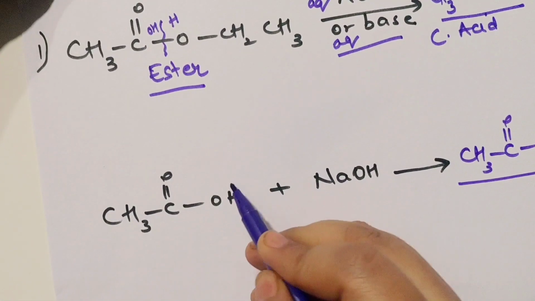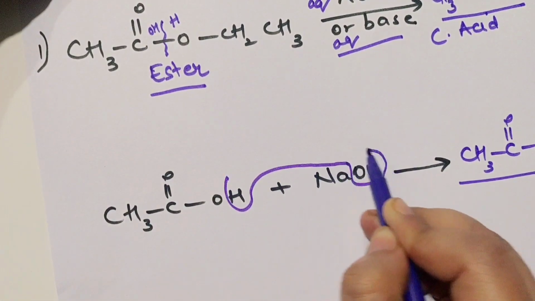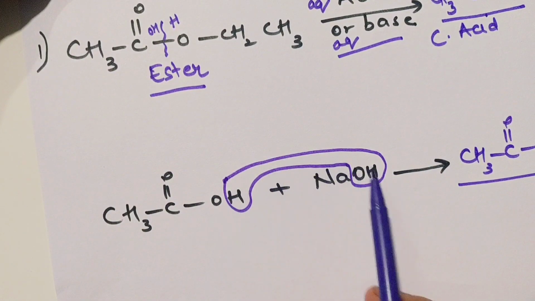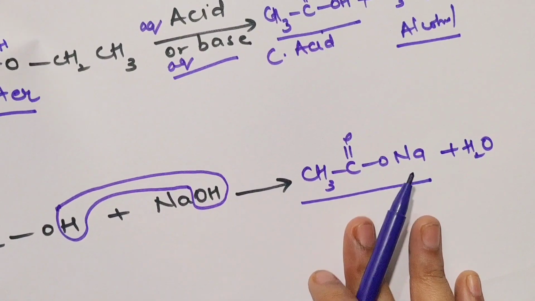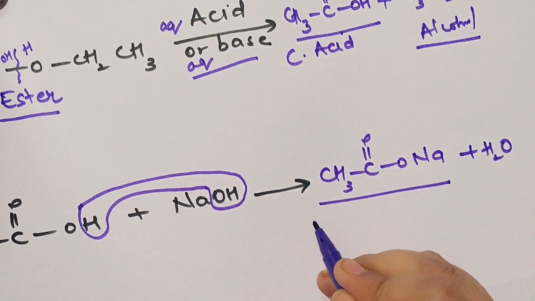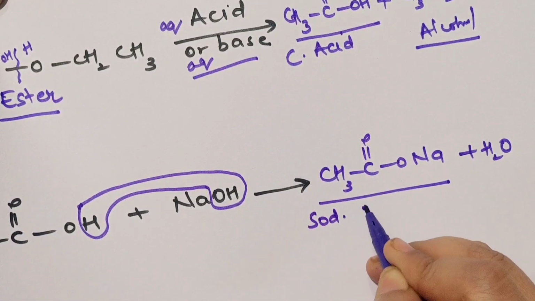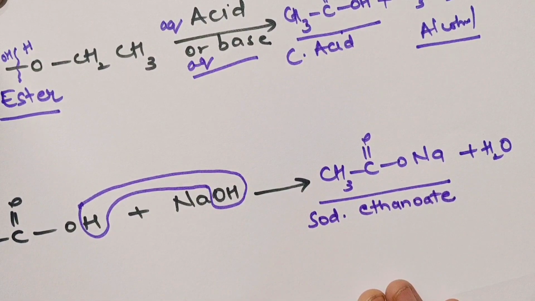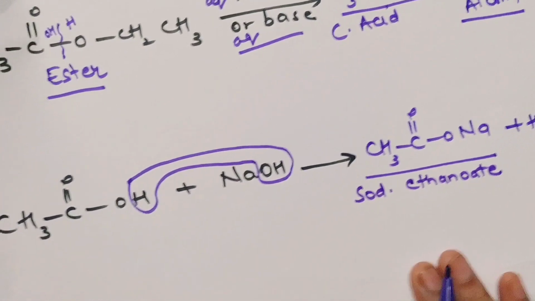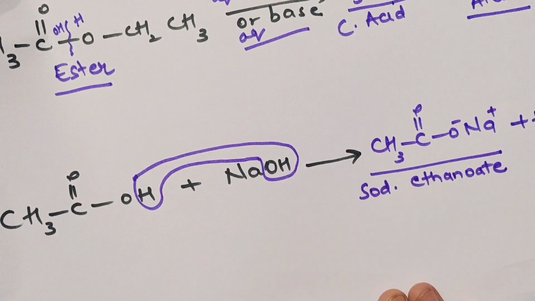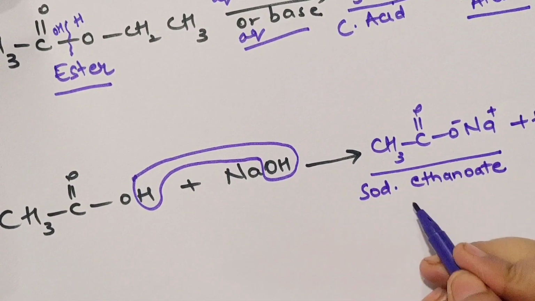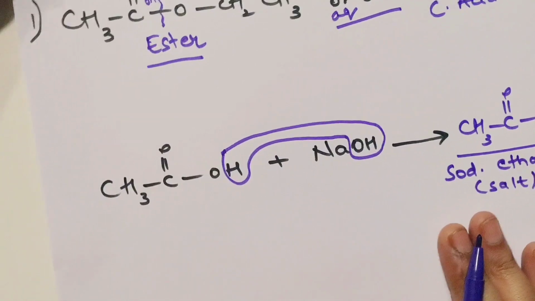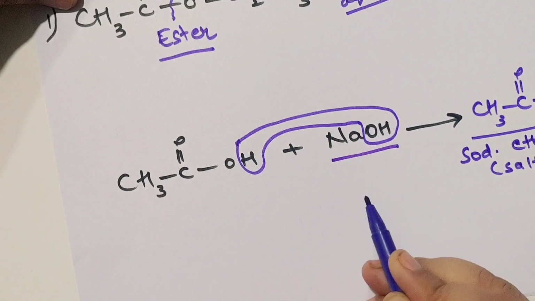So basically a simple exchange of sodium with hydrogen happens and water is released. Okay, so this is called sodium ethanoate or sodium acetate. Now this is also an ionic compound. This is also a salt. Salt basically means ionic compound. So see what's happening here. We know that NaOH is base.